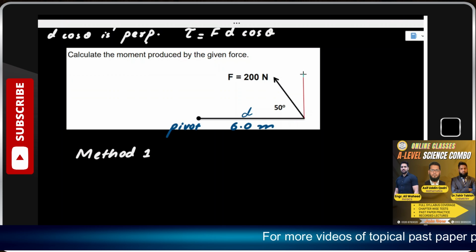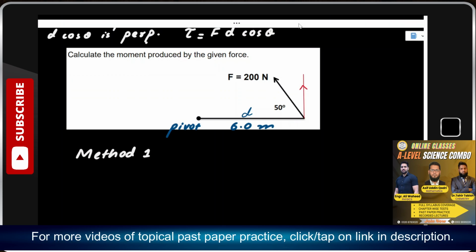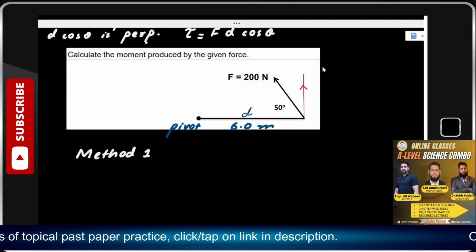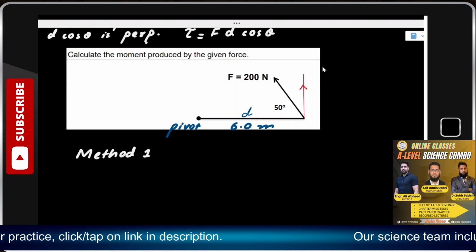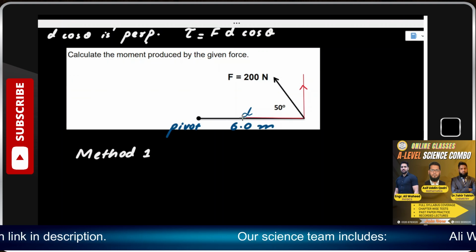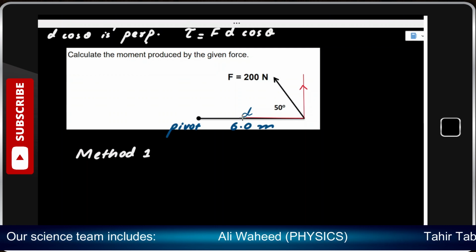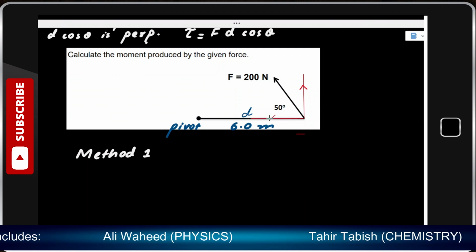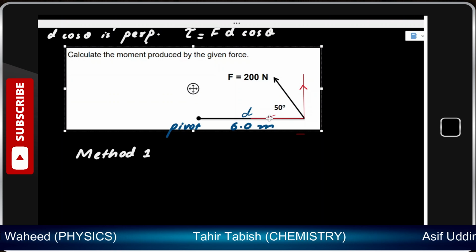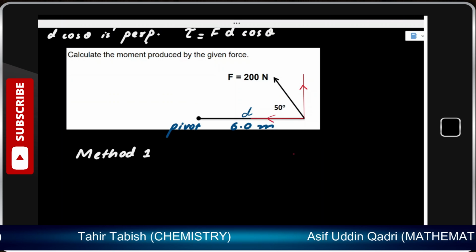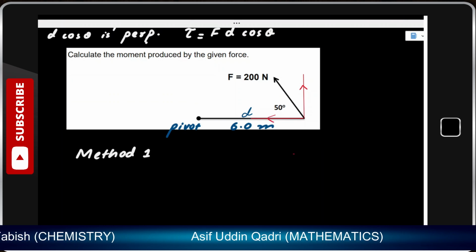So I wanted to draw one component that is perpendicular to the distance, and then the other component would be perpendicular to the first component. So let's say these are the two components. Right, so these are the two components for the force.